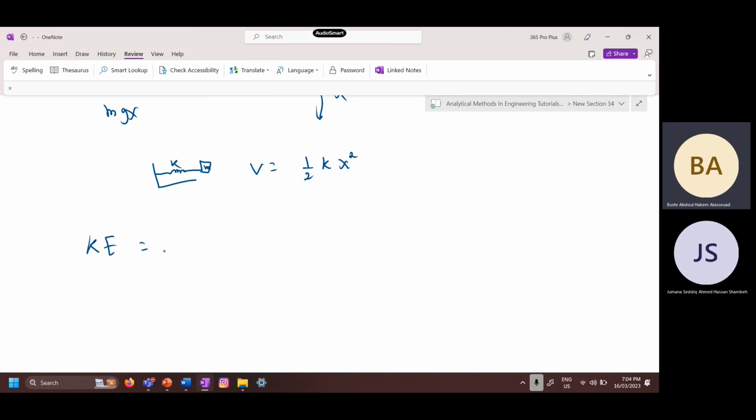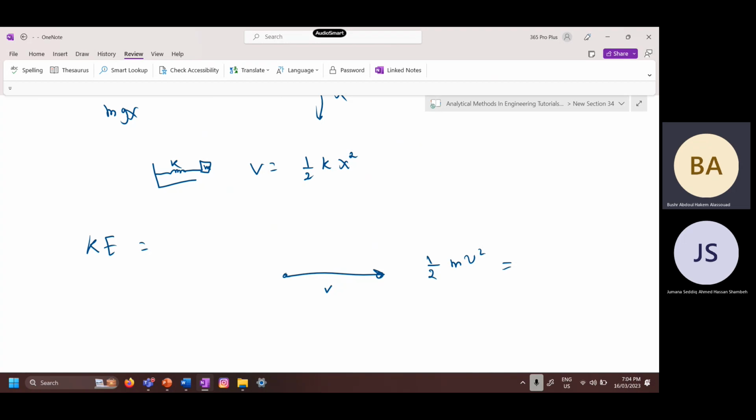The first equation is for an object that has a change in place with respect to a velocity. Like it has a velocity, and this object changes according to this velocity. The equation of this change is the famous kinetic energy equation, which is half m v squared.